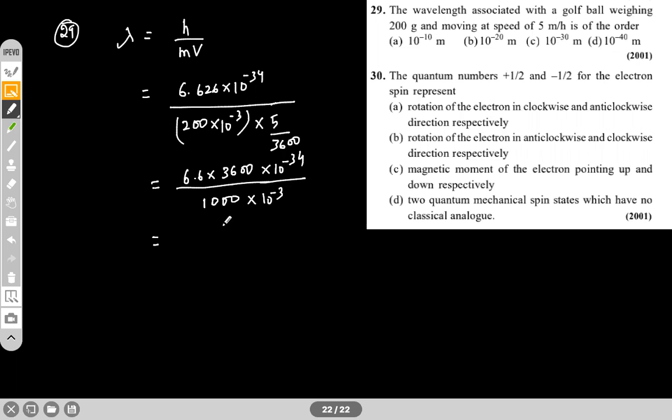This will cancel out and we get 66 into 360 into 10 to the power minus 30. Okay, so if you multiply this, what do we get? Just a second, I'll do this.